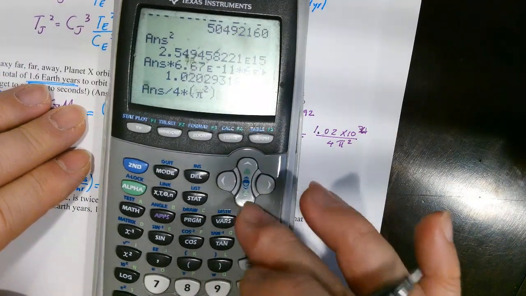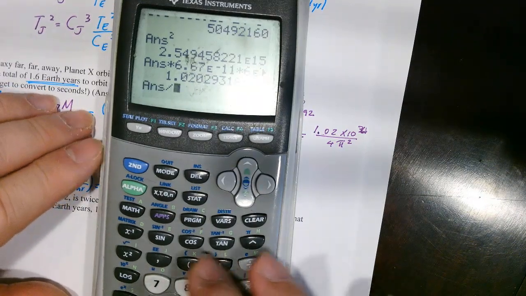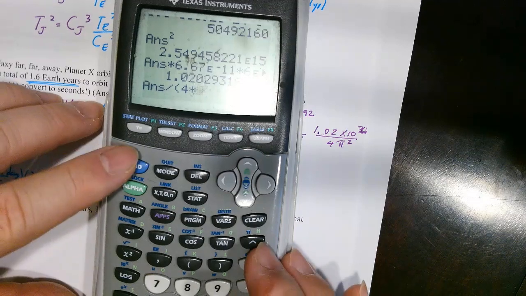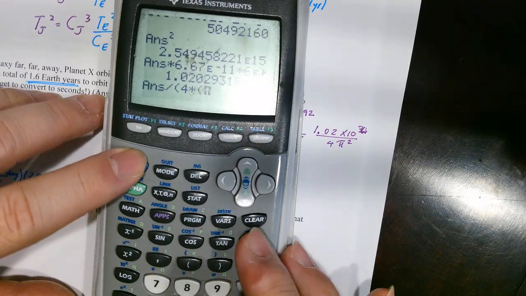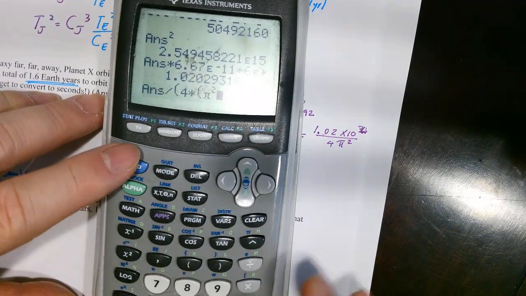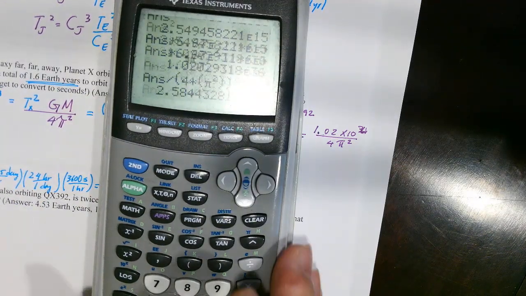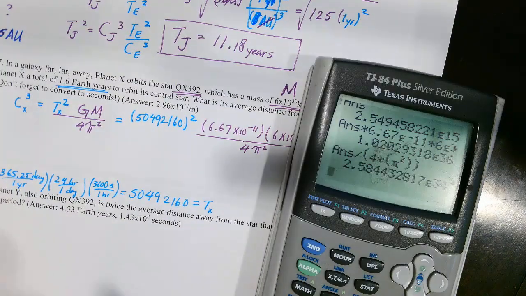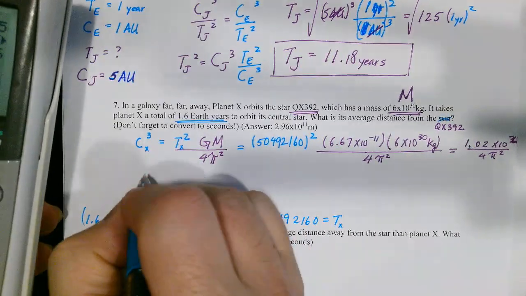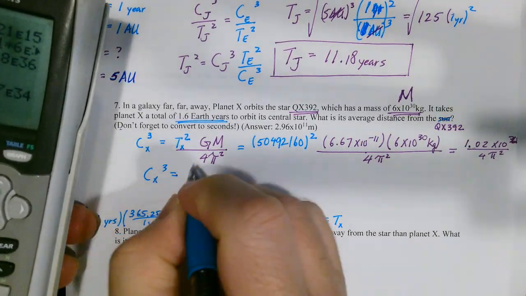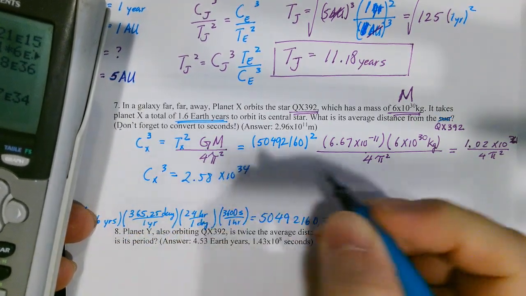No, I didn't want to do it that way, sorry. Let's divide by parentheses, 4 times pi squared. That's what you should do, right? And then you get something like c cubed is equal to 2.58 times 10 to the 34th.